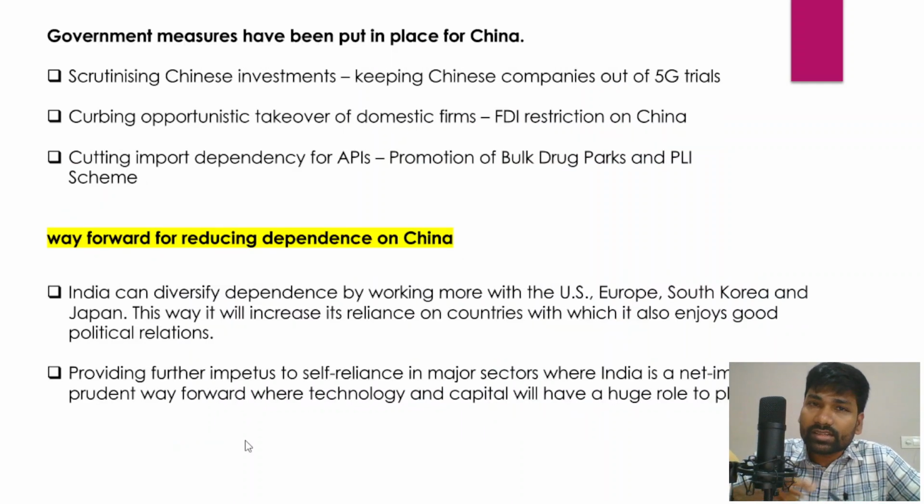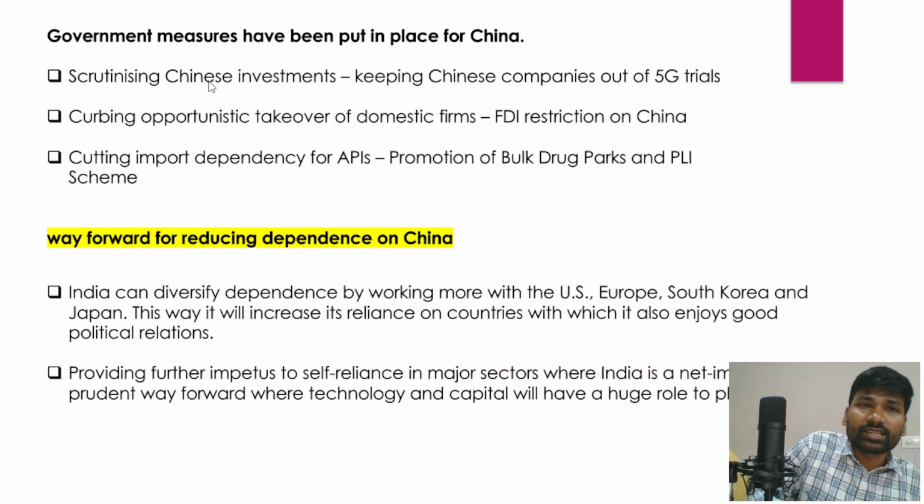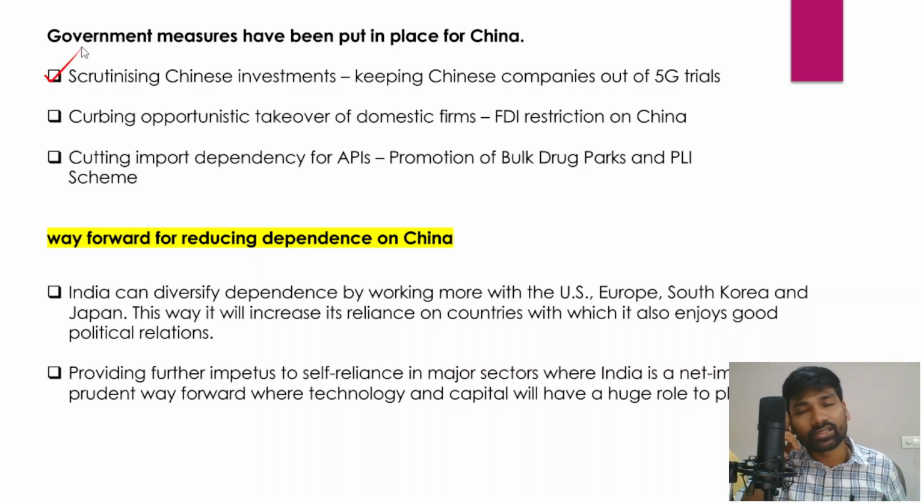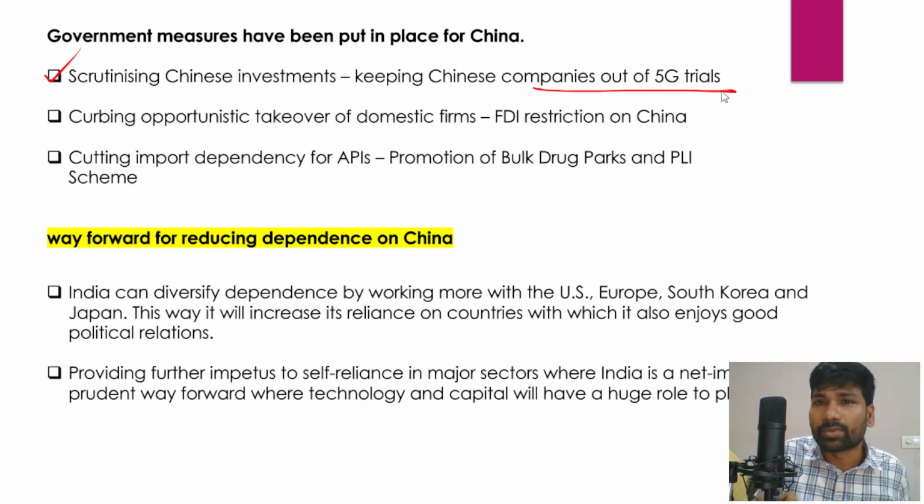So there are certain government measures also. These government measures aim to reduce dependence on China, reduce the trade deficit, reduce the trade with China. If you look at those measures, scrutinizing Chinese investments is the first measure that has been followed by the Indian government, aimed at keeping Chinese companies out of the 5G trials.